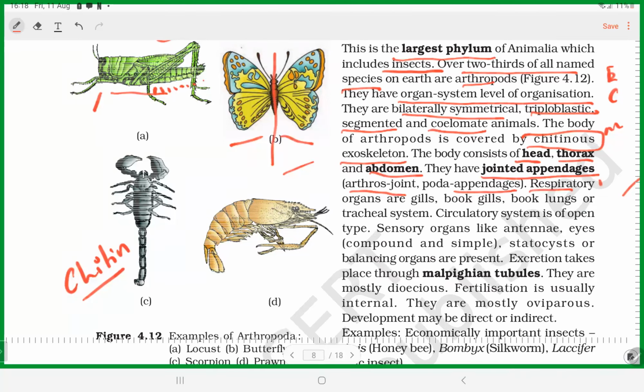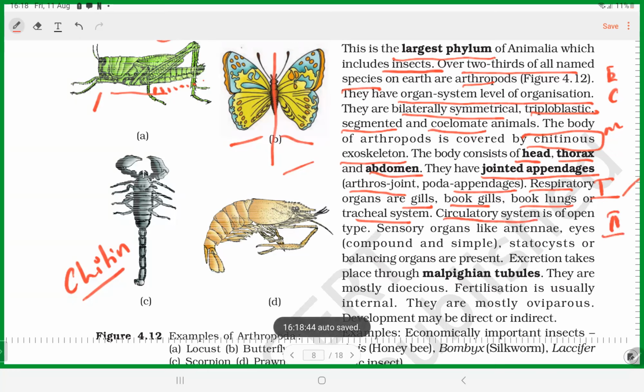Now coming to the organ systems. First, the respiratory system. Different kinds of organisms have different kinds of respiratory units like gills, book lungs, tracheal system. It depends upon the kind of organism. And second is the circulatory system.